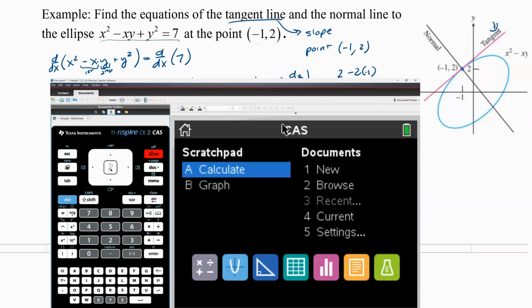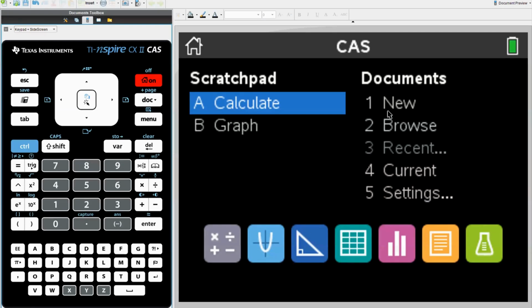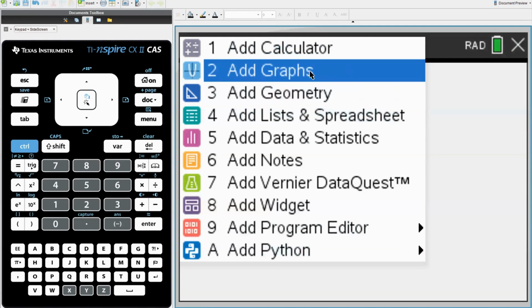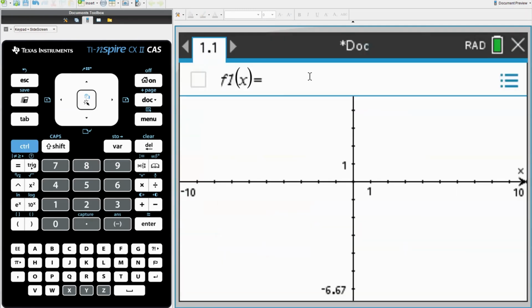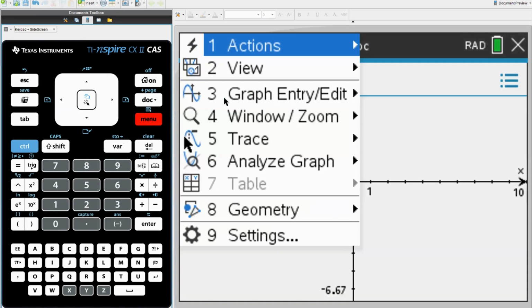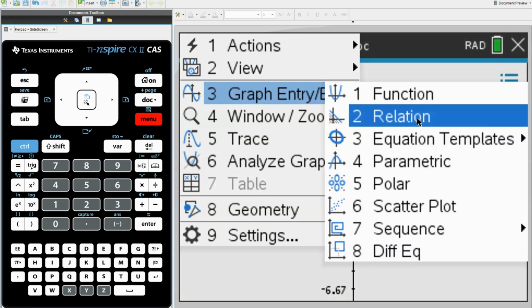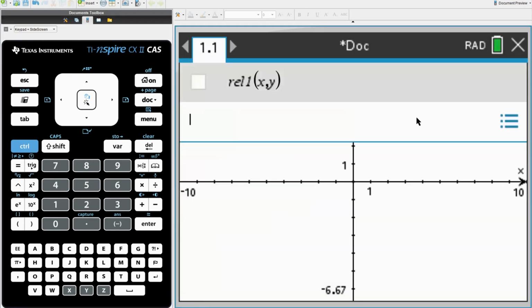All right, I'm going to start by creating a new document. I always like to do a new document. Let's go to the graphing. Oops, sorry. I'm going to do a little trick here. I'm going to go menu, and under graph edit entry, we're going to graph a relationship. We're not going to graph something in the form of y equals some function of x.